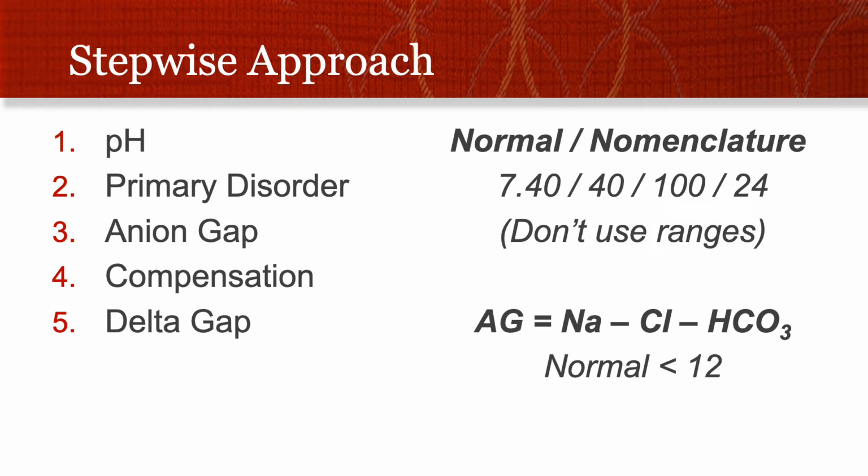It's actually quite simple. It's important to have normal values in your head and not to use ranges of normal values. The reason I pick normal values is because we get used to problems in blood gas results and we forget how physiologically off they are.